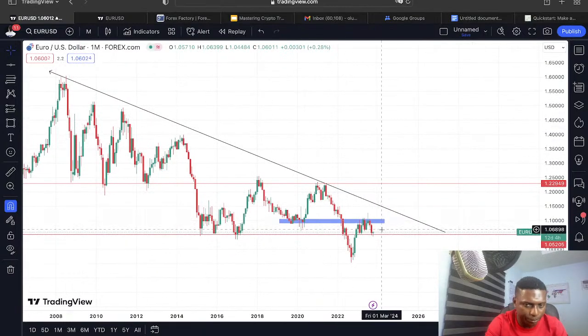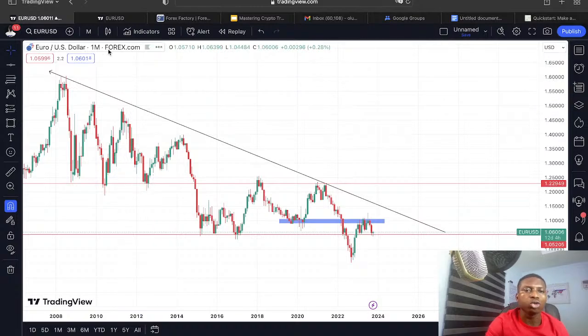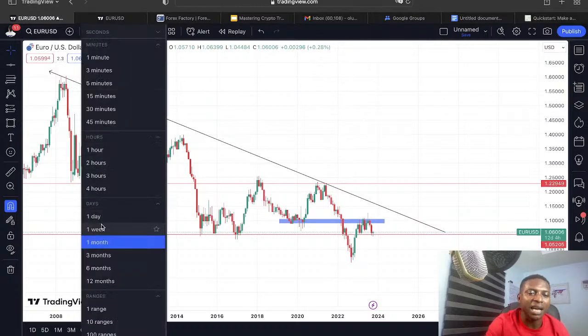Now let's go down to the weekly time frame. Like I said, the lower the time frame we go into, the clearer our perspective of the market. The higher time frame gives us a broader view of what has happened, what is happening, and what will happen.